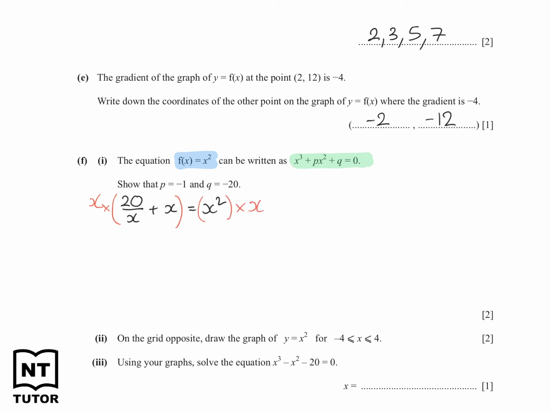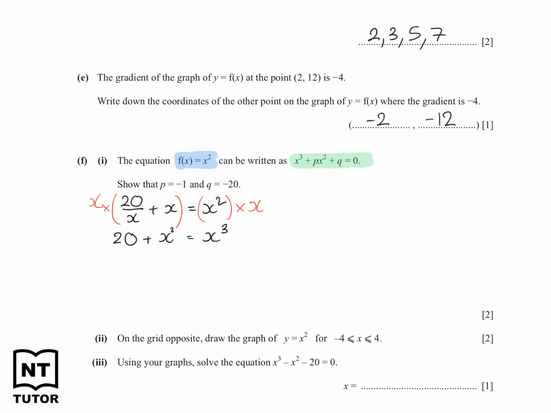When you multiply 20 over x by x, the x cancels out, leaving 20. And when you multiply x by x, you get x squared. And on the other side of the equation, x squared multiplied by x is x cubed.